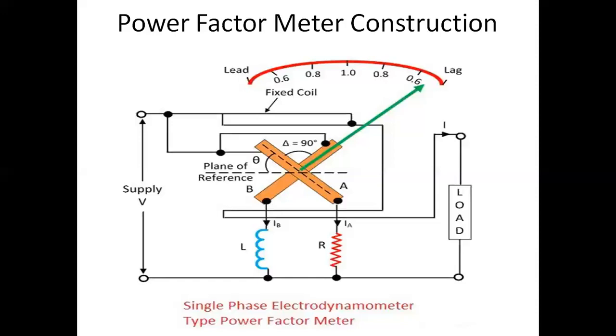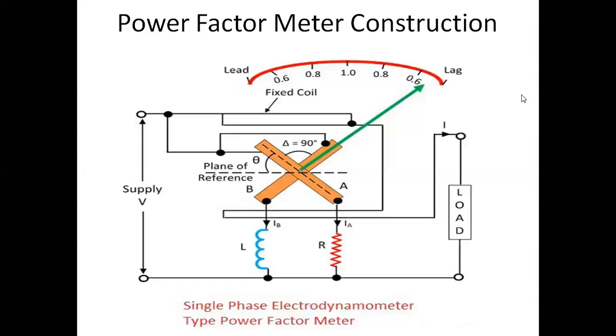So just try to remember the working of a dynamometer type instrument. It always works on the principle that when a current carrying conductor is placed in a magnetic field, we can have a torque or a force on that conductor.